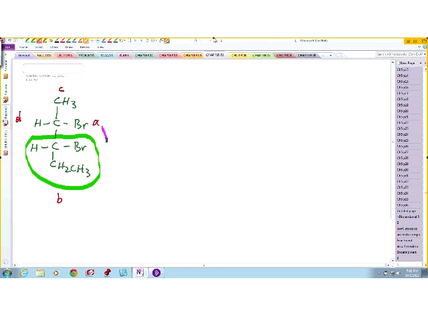Okay, now we want to make our motion. We make our motion from A to B. We go through C, ignore group D, as if D wasn't there at all. What is that motion? Motion is clockwise.